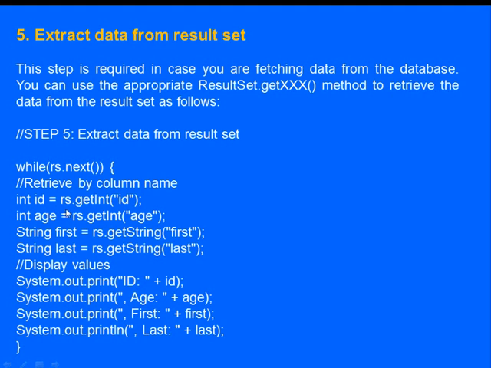In the second case, we are assigning age to the age variable. We are fetching the first name from the given row, and that will be assigned to the first variable, and so on. And we simply print the values of all these variables on the console.